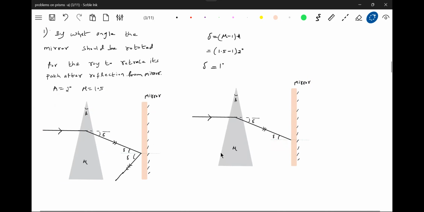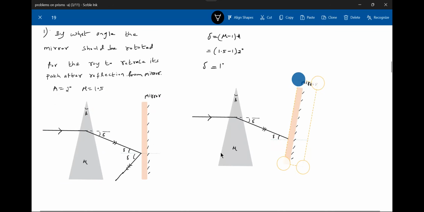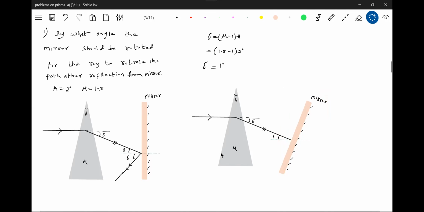The mirror should be rotated, no? Through what angle should the mirror be rotated? If it is incident normally, then only retrace is possible.